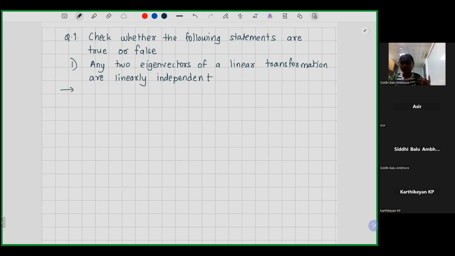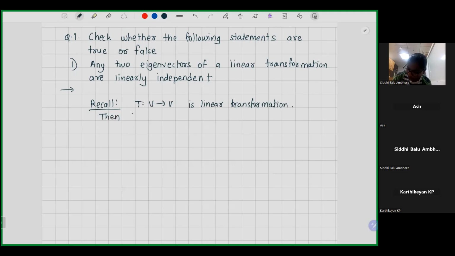I hope you know the definition of eigenvector and eigenvalue, so let me go through it quickly. Recall that T from V to V is a linear transformation.